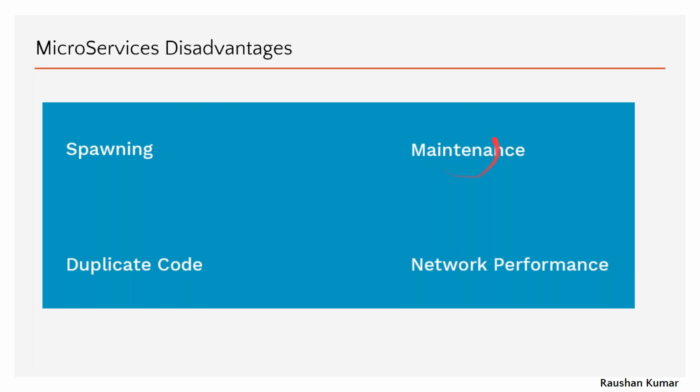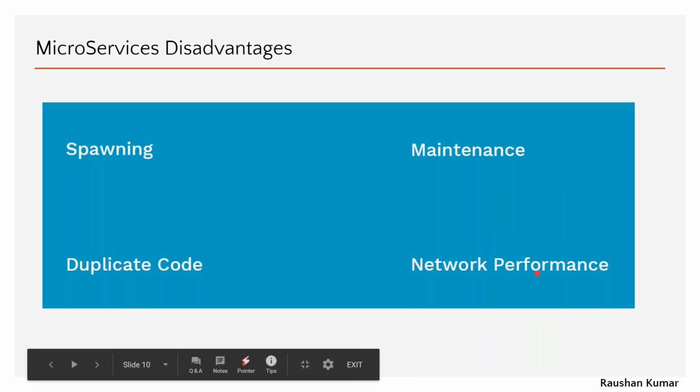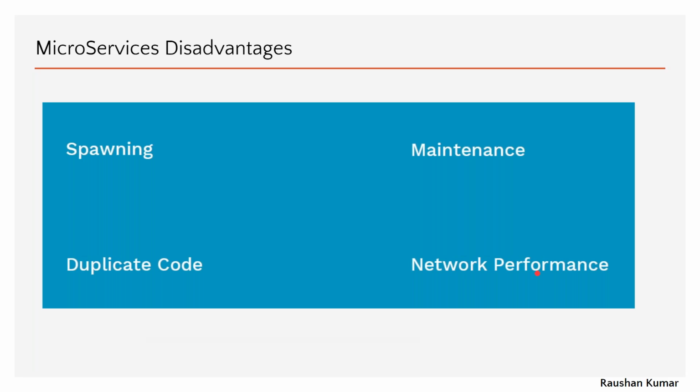Maintenance: obviously, if you have too many microservices, it will be difficult to maintain all of them. So make sure you have a significant number of microservices. And network performance. In the cloud, to achieve high availability, we deploy in different AZs, availability zones. I'm talking in AWS language.